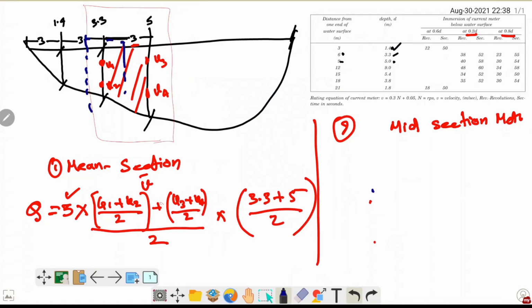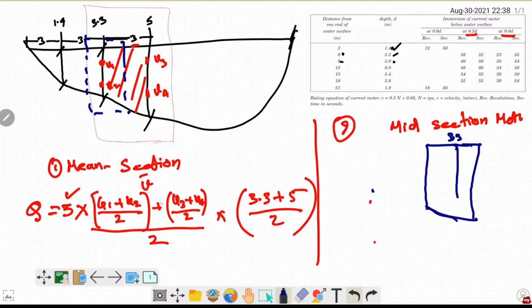So let me choose this 3 meter depth. The depth here is 3.3 meter. Now I have to go 1.5 on this side and 1.5 on the other side, and then my shape is going to be something like this, and this is going to be my 3.3, my vertical depth.